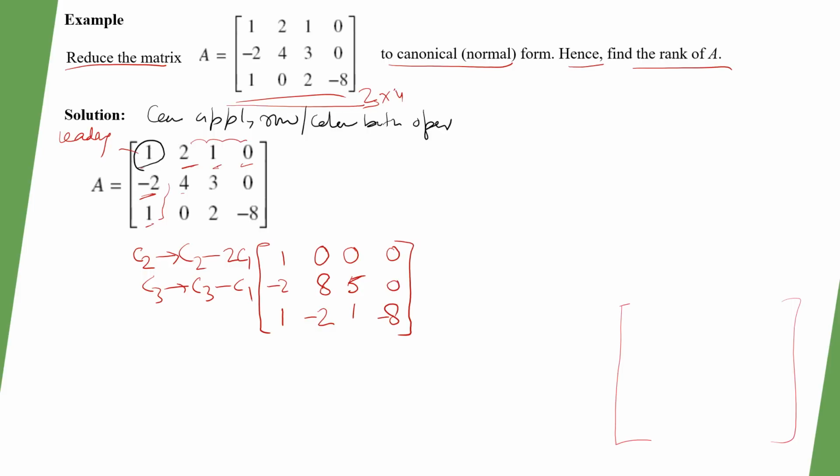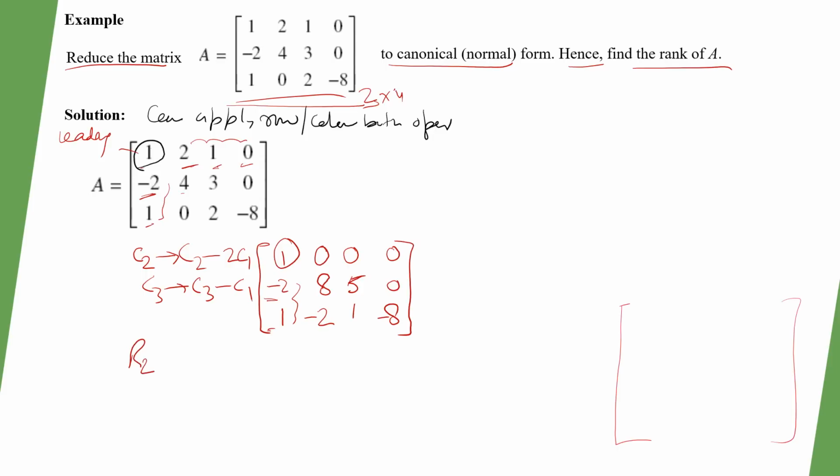Now by the help of that leading element, the entries below are to be made 0, so we apply the operation on R2 and R3.